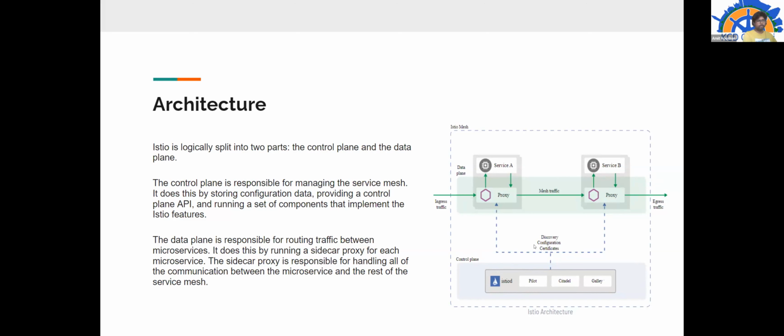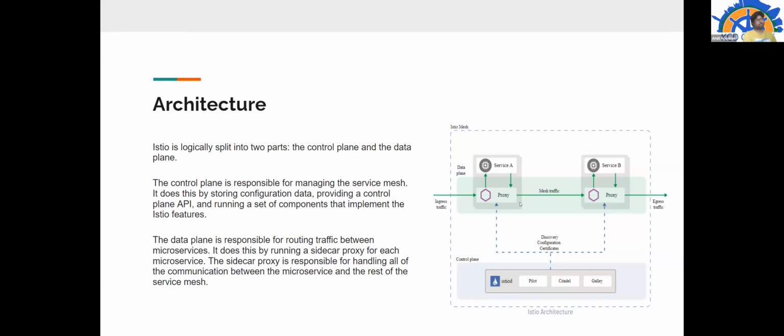But the core entity of this service mesh is the proxy. By default, Istio uses Envoy proxy as its implementation. The Envoy proxy runs alongside your services and sits in between the traffic, either coming from outside the mesh or service-to-service.